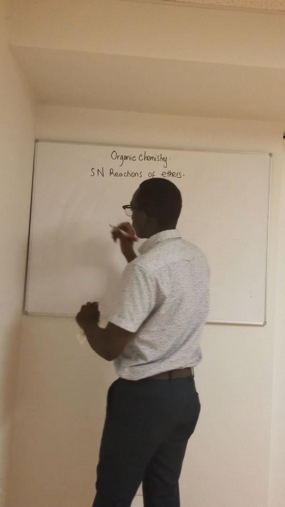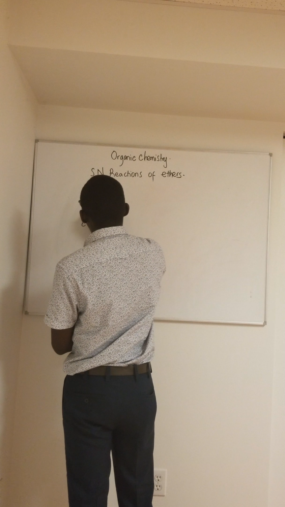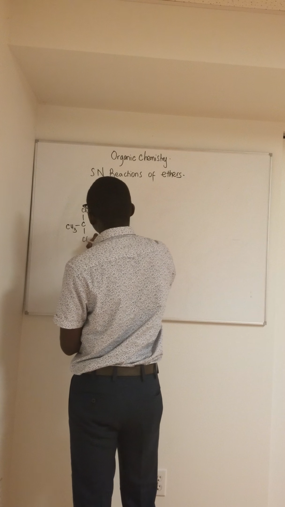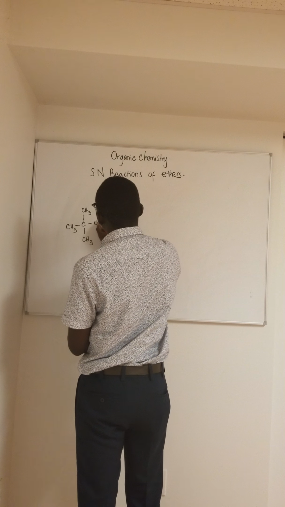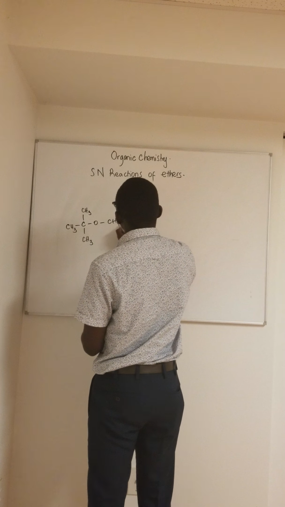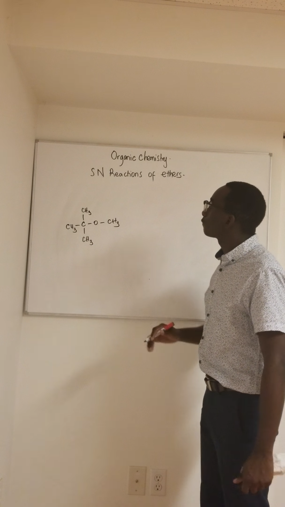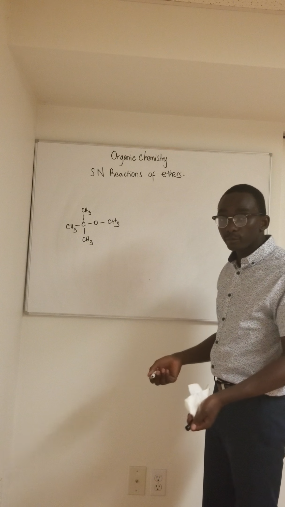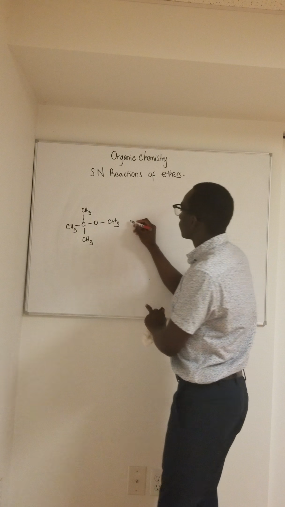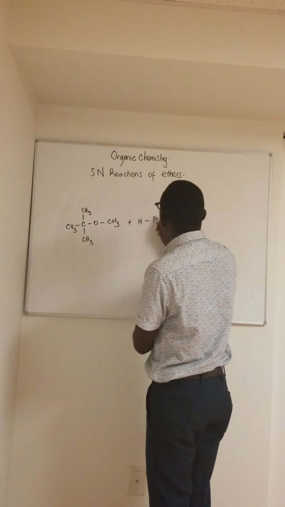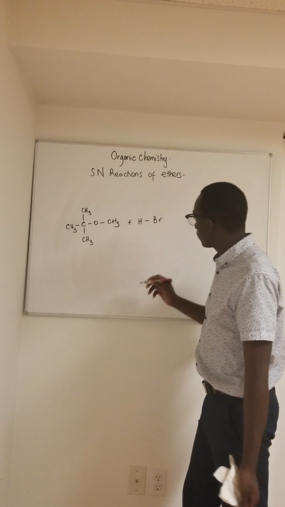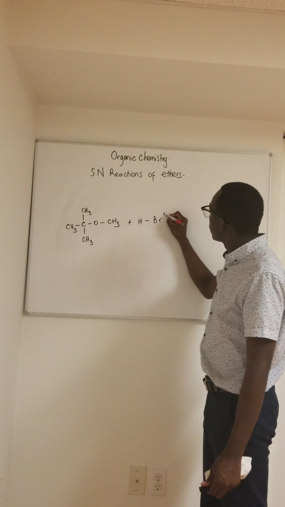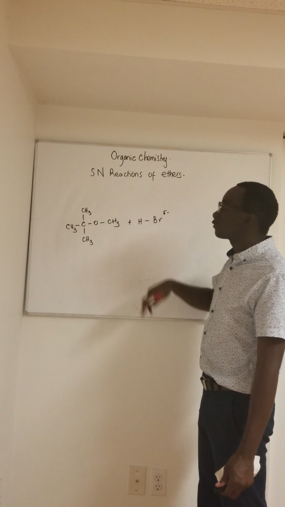So since you have this point in mind now, let us do an example. For example, if we have this type of ether and I want to protonate it to form a good leaving group, I use hydrogen bromide. Remember, bromine is more electronegative than hydrogen, so it will pull electrons towards itself.